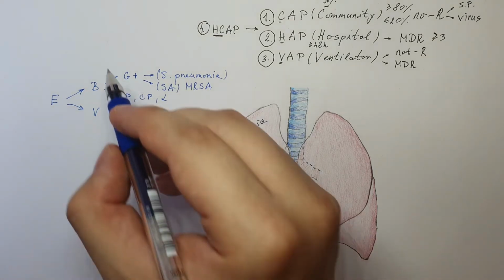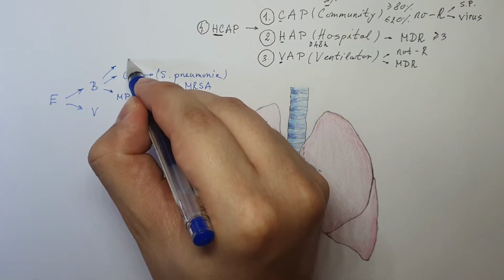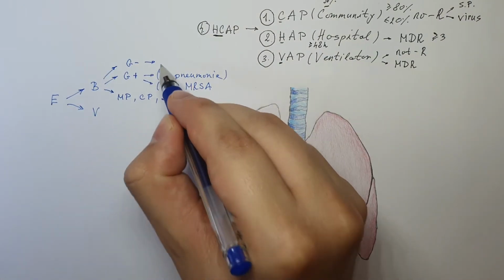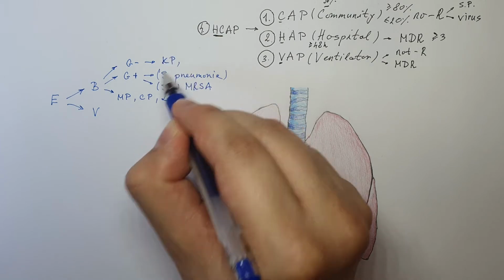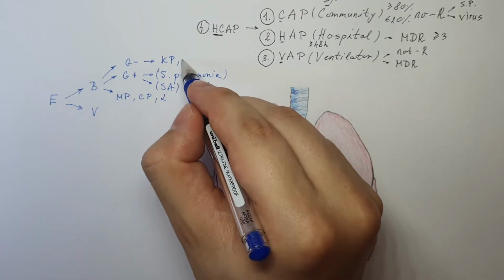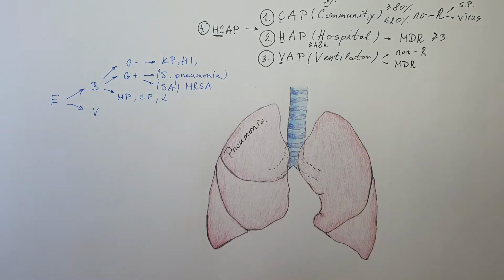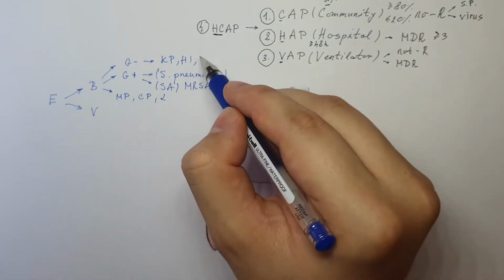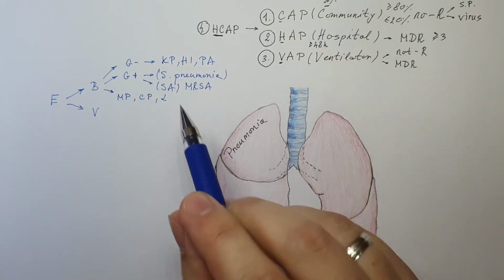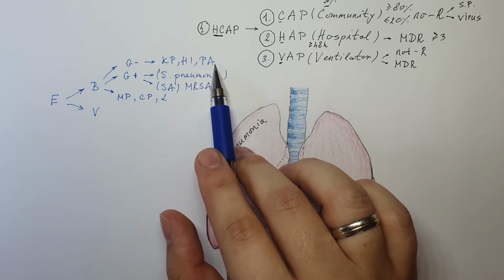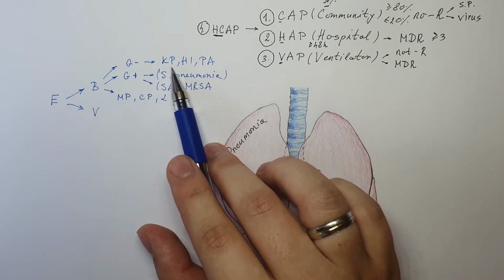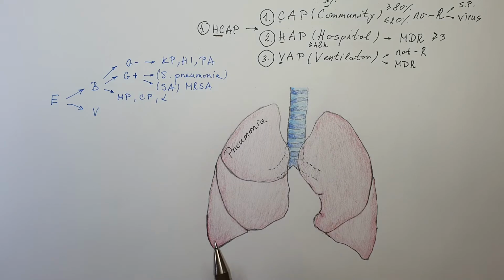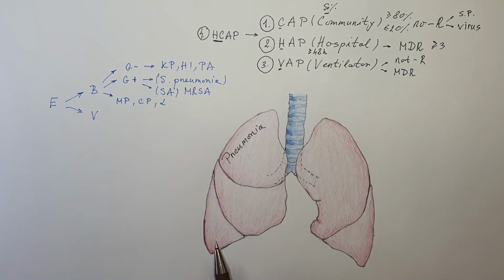There are also gram-negative bacteria that can cause pneumonia, like Klebsiella pneumoniae, Haemophilus influenzae, and Pseudomonas aeruginosa. Klebsiella and Pseudomonas can be found in the hospital setting.